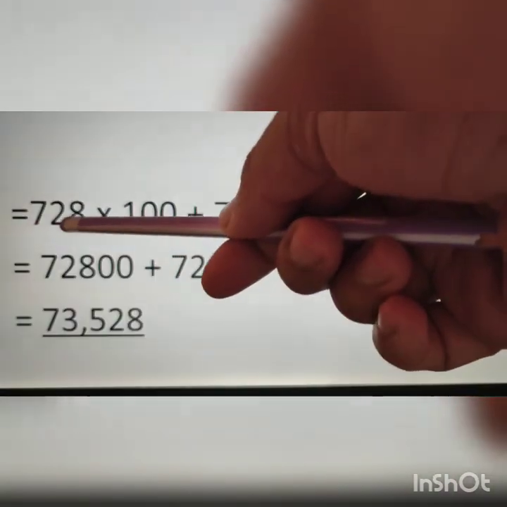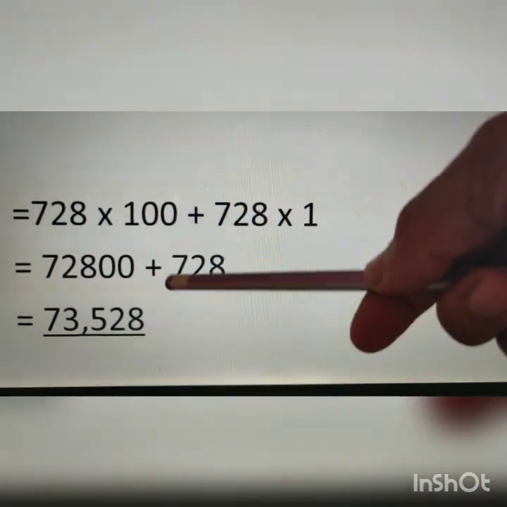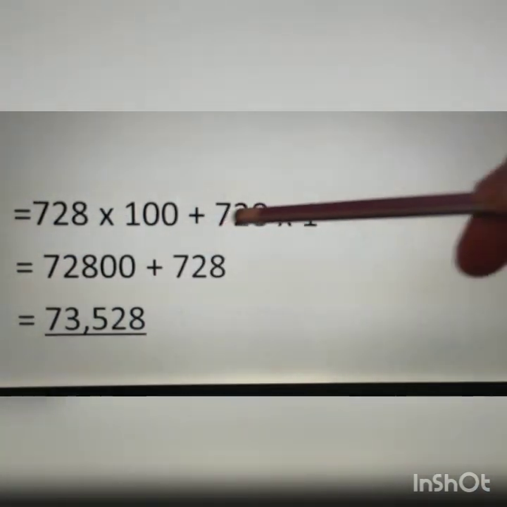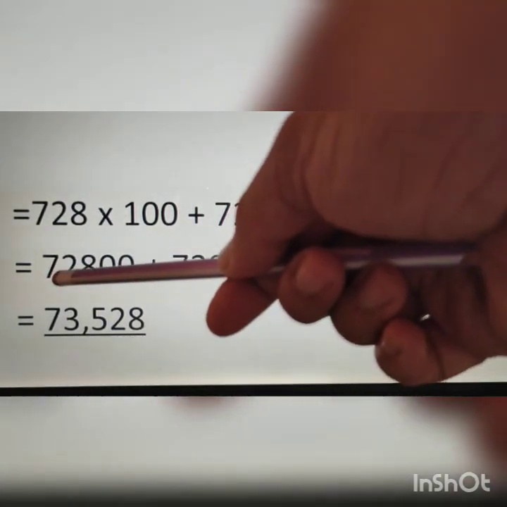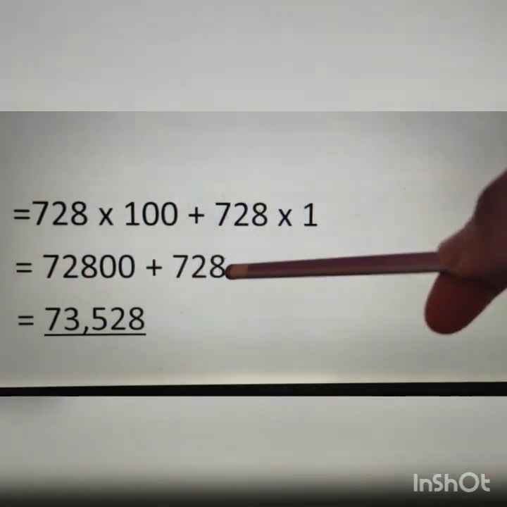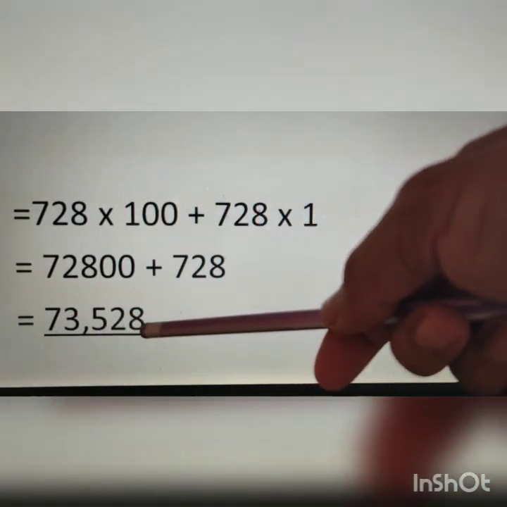Now 728 multiplied by 100 is 72,800 plus 728 into 1 is equal to 728. Therefore 72,800 plus 728 is equal to 73,528.